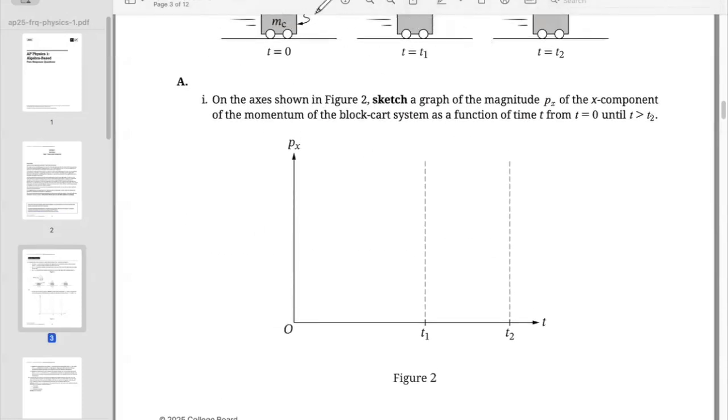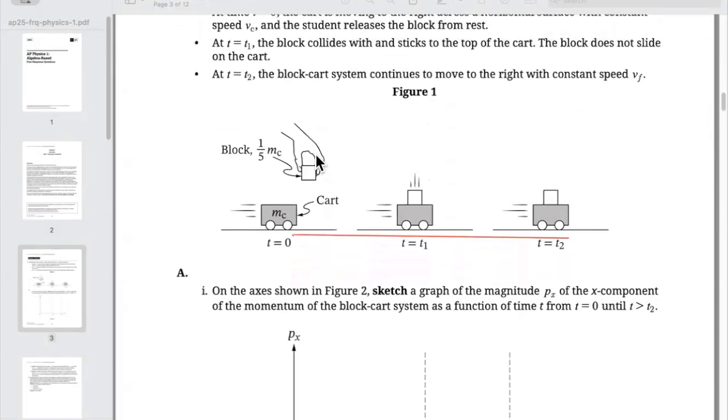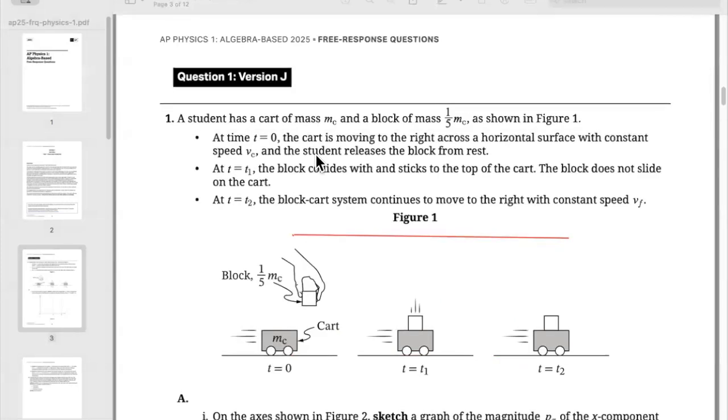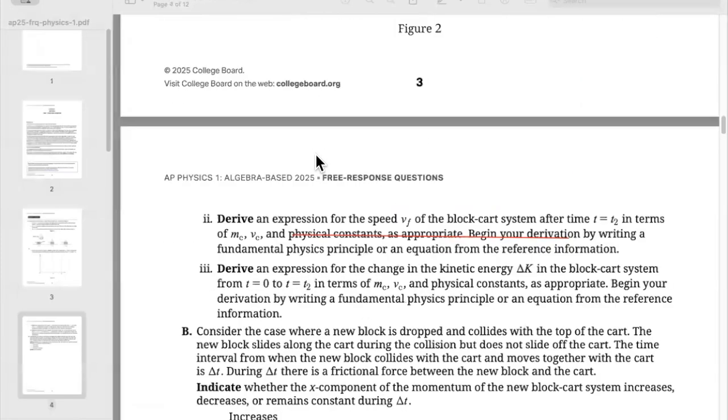Total momentum is conserved, so that's pretty easy. It's just going to be a straight line the entire time. There are no external forces, and therefore total momentum is conserved. Pretty easy for part one.